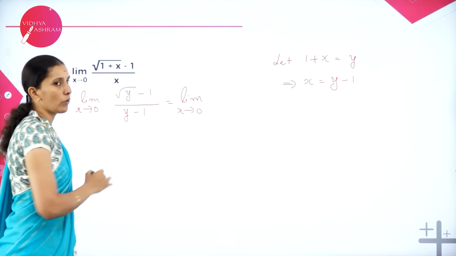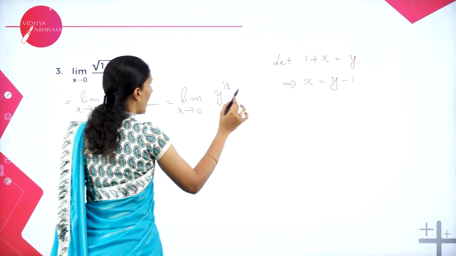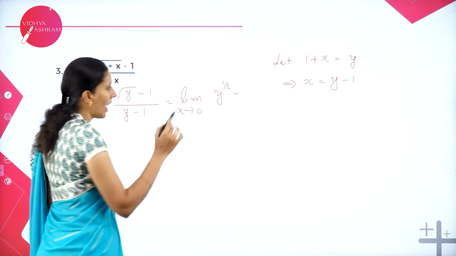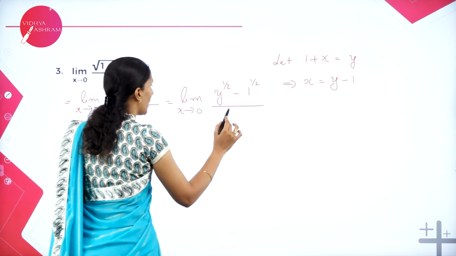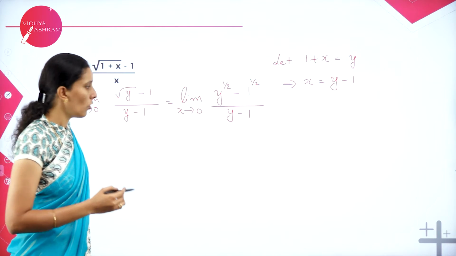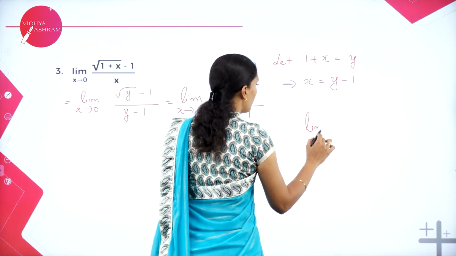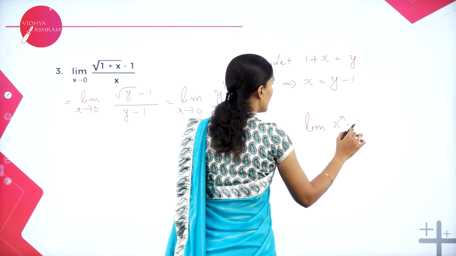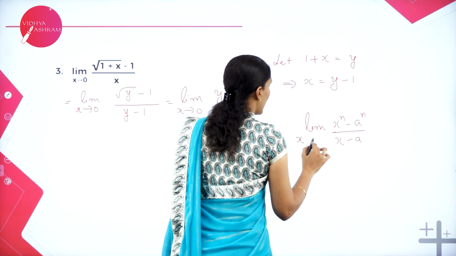If you write root y in the index form, it is y to the power half minus 1, and that can also be written as 1 to the power half divided by y minus 1 because root of 1 is also 1. Now this expression is in the form limit x power n minus a power n divided by x minus a as x tends to a.